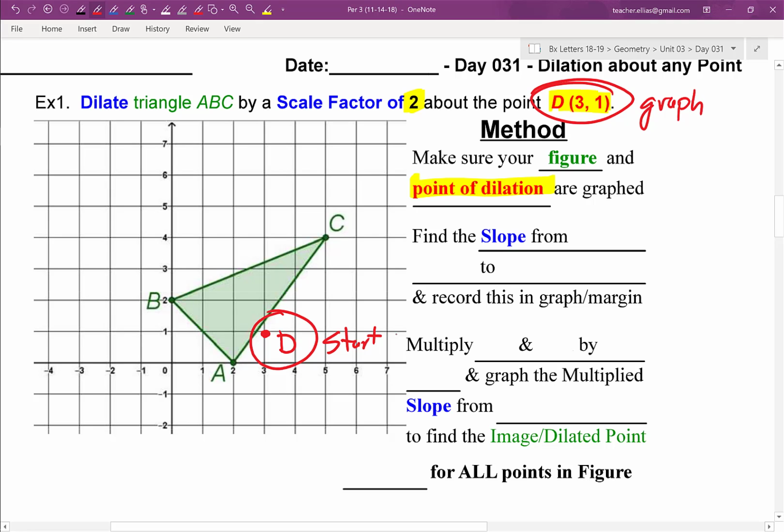Tyler's telling us go to A. So we're going to find the slope from the point of dilation to a point on the figure, in other words, a vertex.